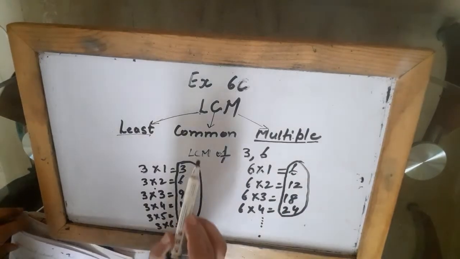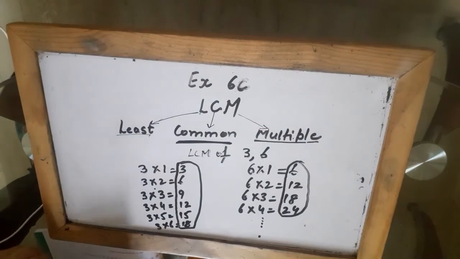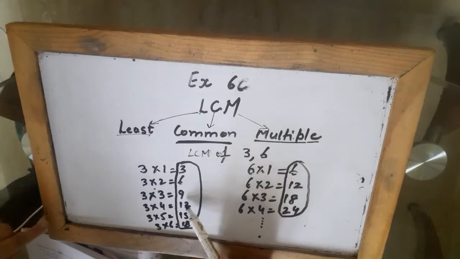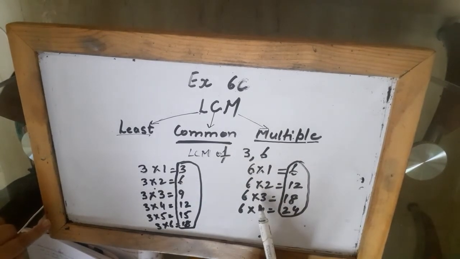Now what do you understand by common? Let's come to the word common. Common means the multiples which are there in both these numbers, which are common to both of them. So we look for the common multiples.